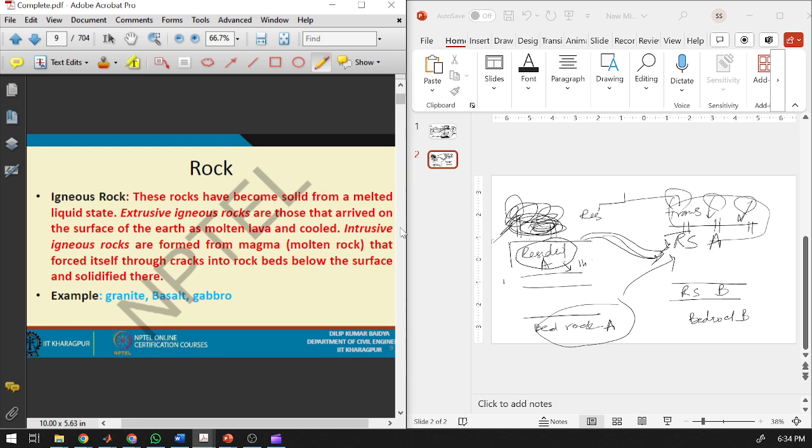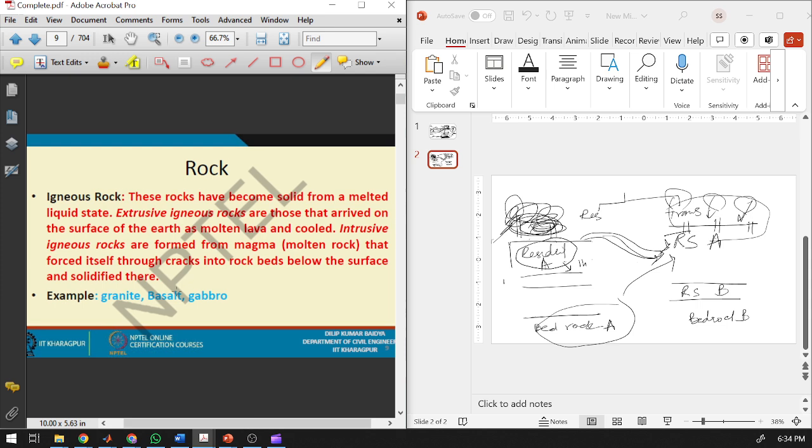Igneous rocks have become solid from a melted liquid state. High temperatures, high pressures. Extrusive igneous rocks are those that arrived on the surface of the earth as molten lava and cooled. Intrusive igneous rocks are formed from magma that found its way through cracks into the rock beds below the surface and solidified there. Okay?